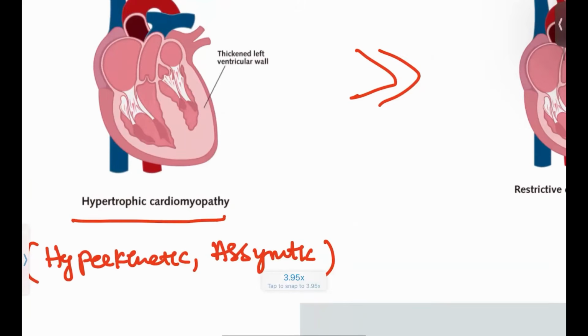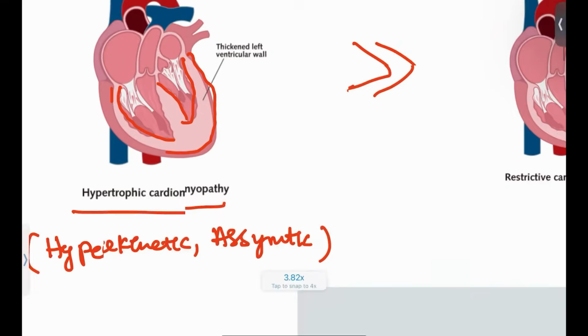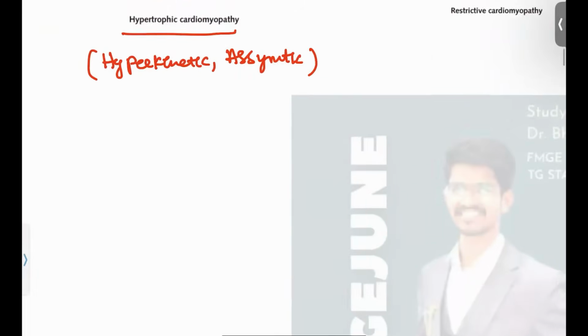But here, if you see, this is one kind of shape and this has a different kind of shape. So this is what they mention as the asymmetric type of heart structure. And in hypertrophic cardiomyopathy, the patients will have symptoms mostly due to diastolic heart failure. Okay, they will have diastolic heart failure.